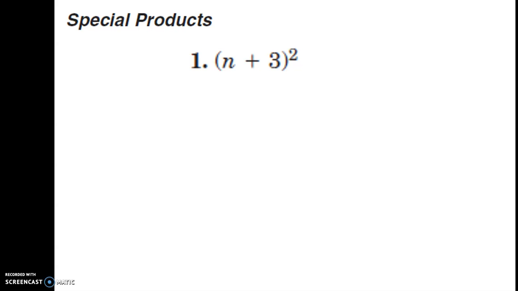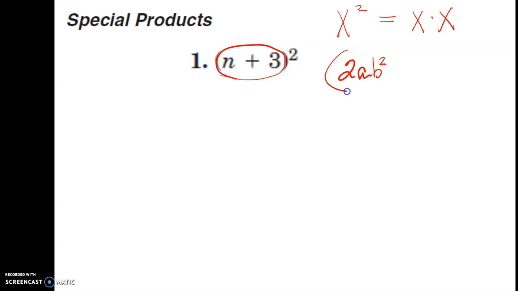So here we have an expression where we have an entire binomial raised to the power of 2. Now, if we go back and think about what x raised to the power of 2 equals, we know that's taking the value of x times x. We expanded on that when we were talking about our monomials. What would happen if I have, let's say, 2ab squared, that whole quantity raised to the second power?